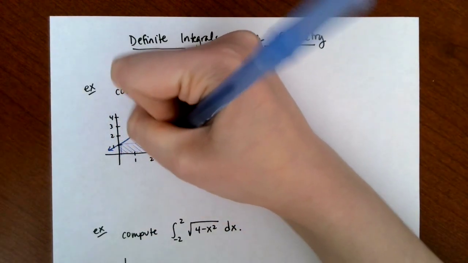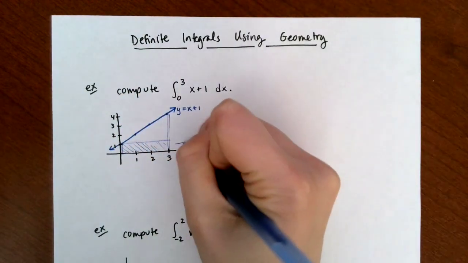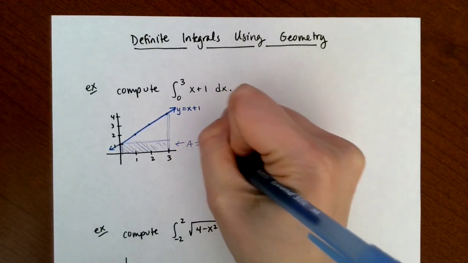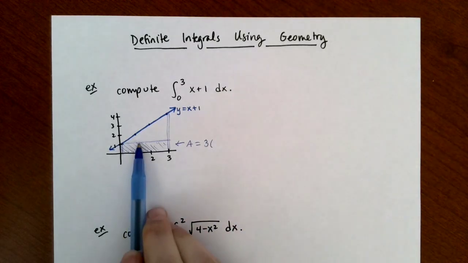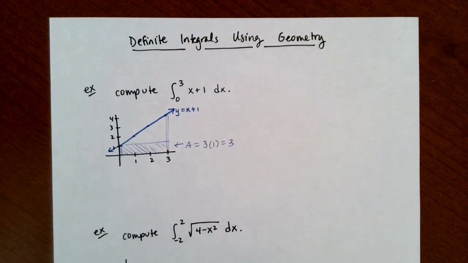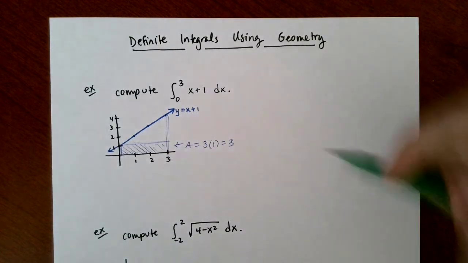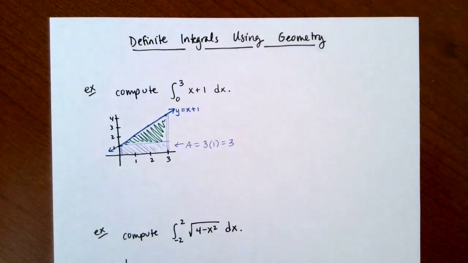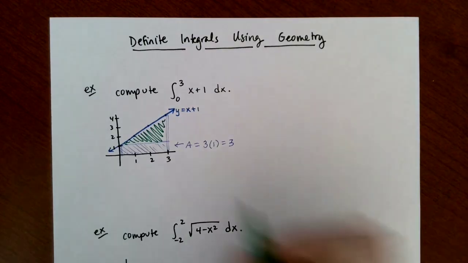All right, so for this rectangle down here, its area is its length, which is 3, times its height, which is 1. So the area of that rectangle is 3. And then we'll also do the area of this triangle up here. For a triangle, the area formula is 1/2 base height.